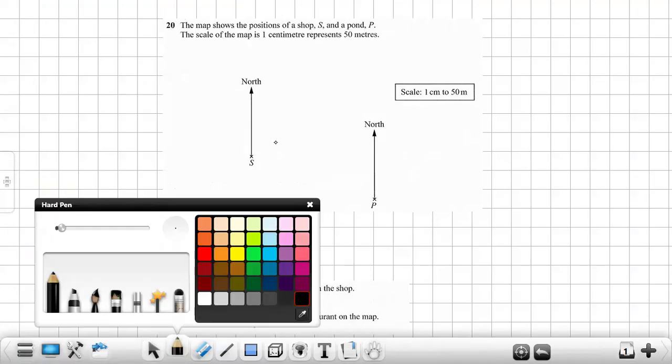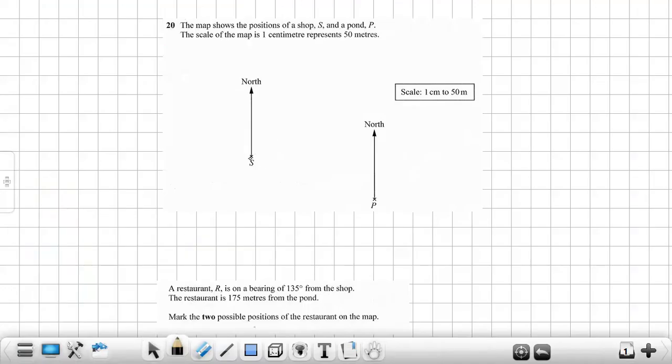So from the shop, which is this one. From means I'm going to start from the shop, north, but then clockwise 135 degrees. So we agree that the bearing is always measured clockwise.